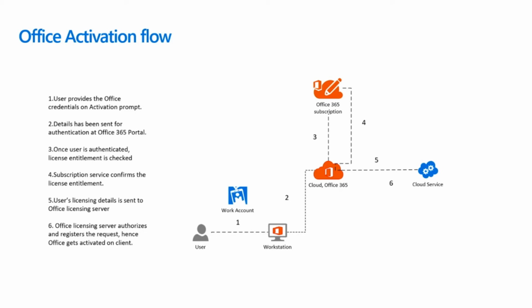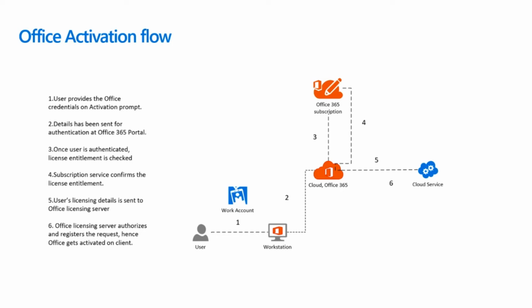That is, as soon as Office is installed and you open any of the Office products, let's say Word, it gives you a prompt which asks you to activate. So the first time you try to activate, you give your username and password. As soon as you enter these, the details are sent for authentication at the Office 365 portal, that is portal.office.com.